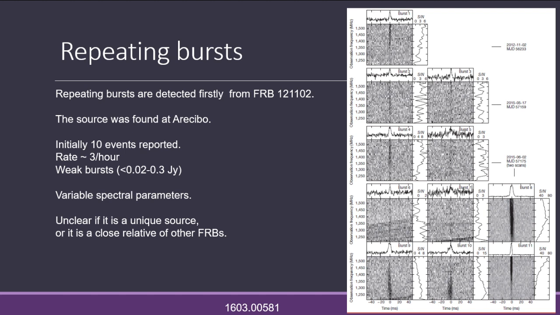So the first source, typically they are named like this. Let me explain. FRB stands for fast radio bursts, and then the date of the first discovery: 2012, November the 2nd. The first event from this source was discovered on this date. Now there are many bursts per day, so people add letters after that, A, B, and so on.